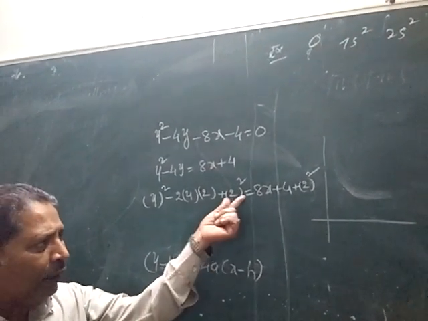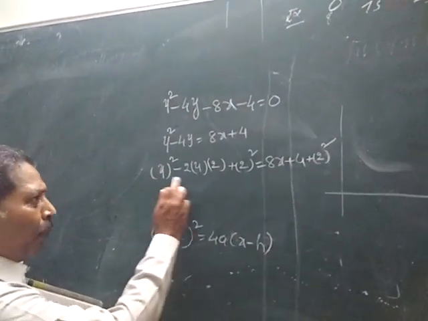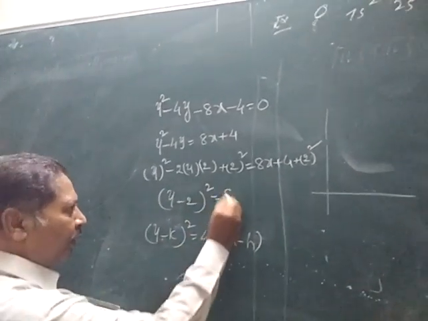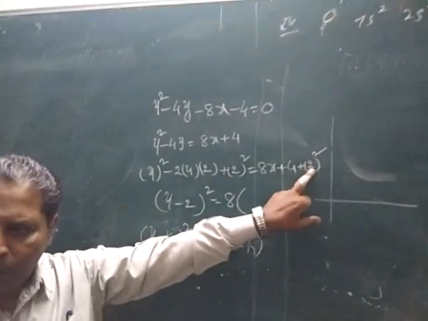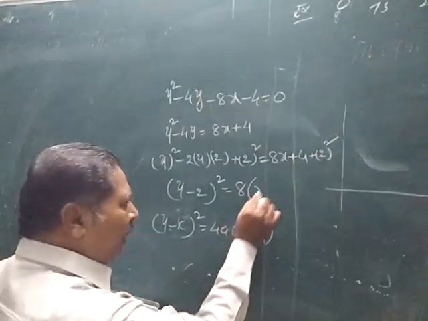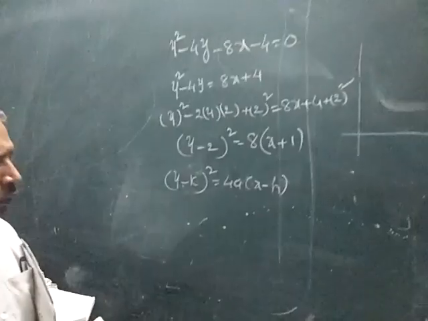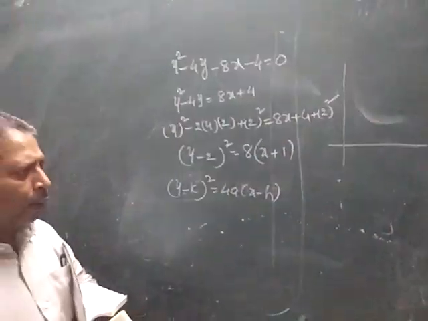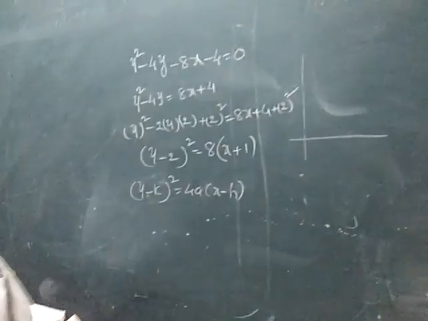This is a minus b whole square, equal to, taking 8 common, 2 square value 4, 4 plus 4 is 8, 8 times x plus 1. Write this formula: y minus k whole square equals 4a into x minus h.